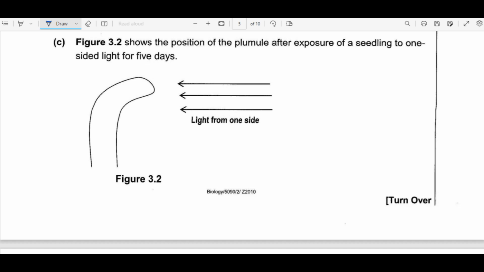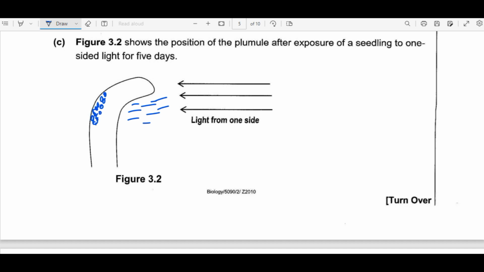There are what we call auxins, which are hormones responsible for growth. Now, if this is the point where the light rays are reaching this plumule, the auxins will move to this region where there is dark. So this is what happens.